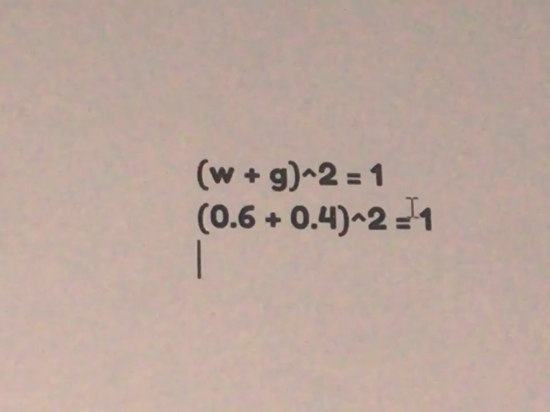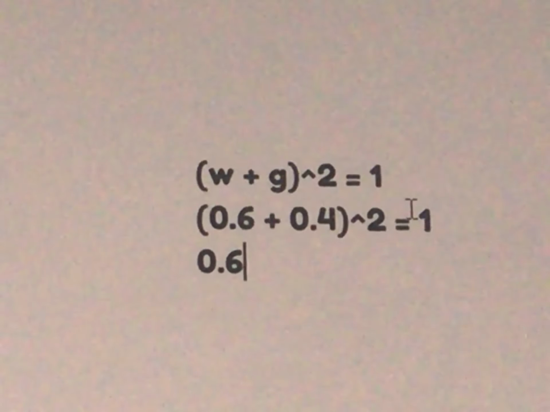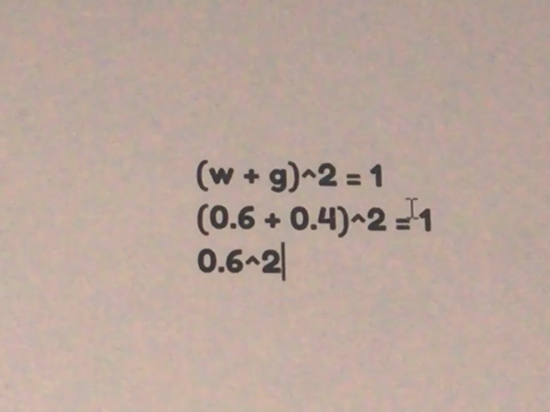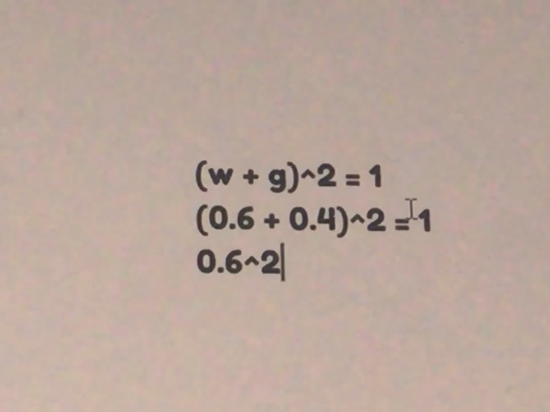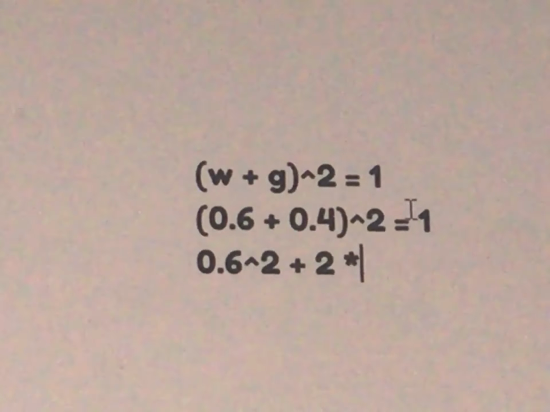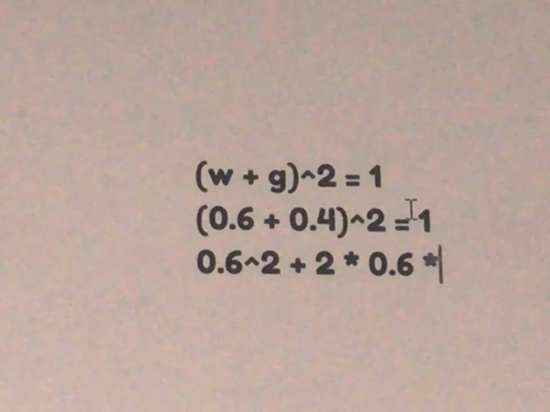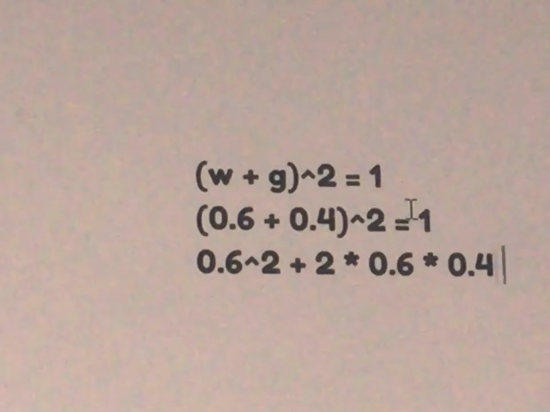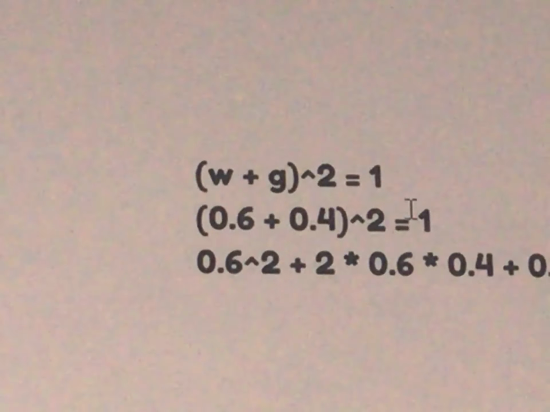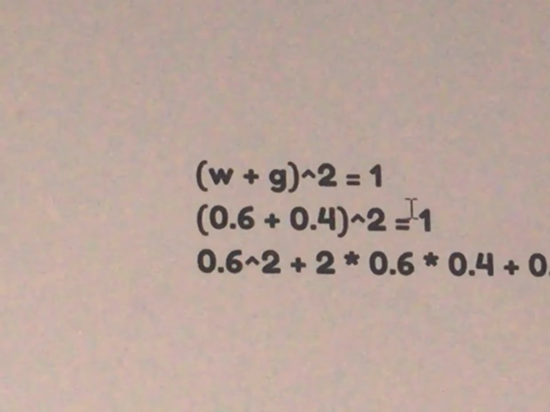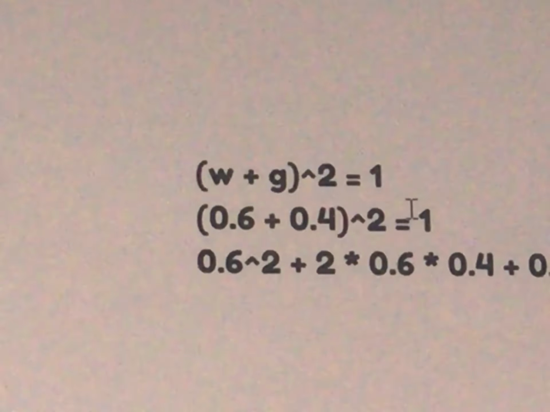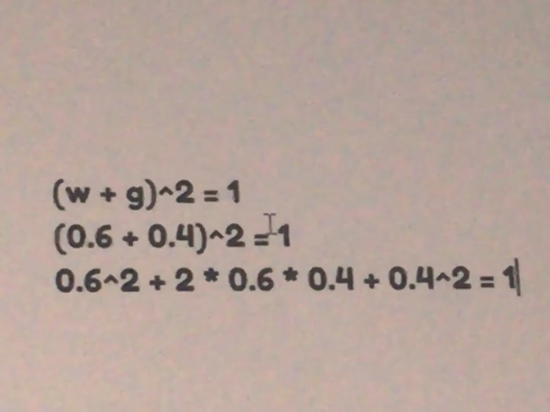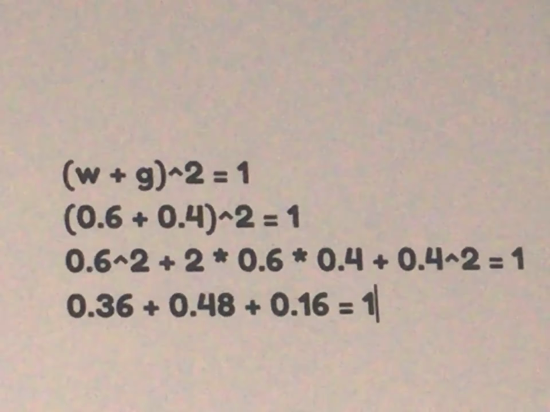Okay, now let's expand this equation so we can calculate it. 0.6 squared is the part of the population that has only white alleles. 2 times 0.6 times 0.4 is the part of the population that has one white allele and one gray allele. And 0.4 squared is the part of the population that has two gray alleles. Okay, so that equals 1. Look, there's our expanded equation.